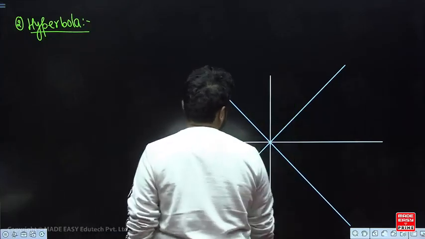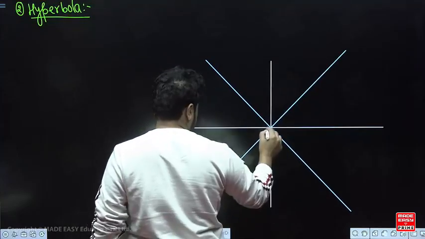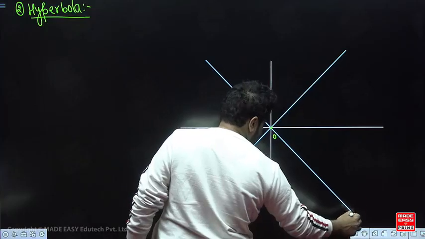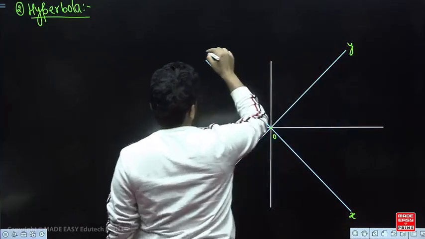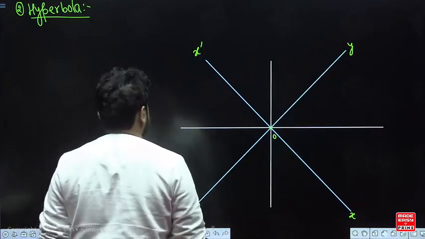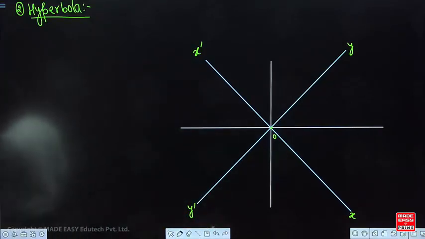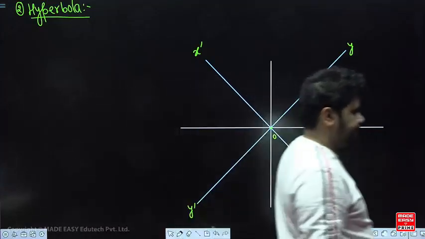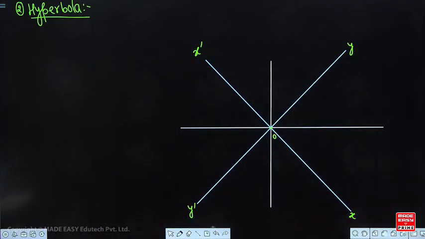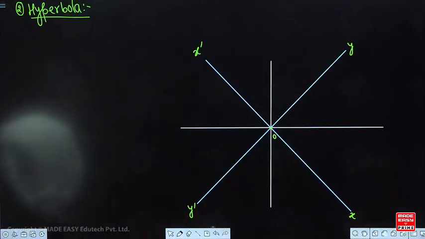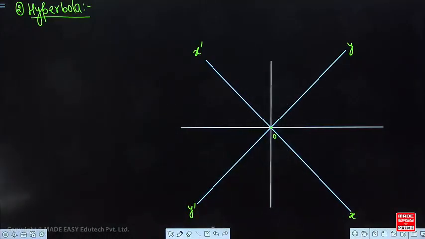Okay, first you draw till here, otherwise you will get confused. How did we make it? This is O, right? Let us say this is X, this is Y, so this is your X dash, and let us say this is your Y dash. First make this much. So draw it till here. So are you able to understand?